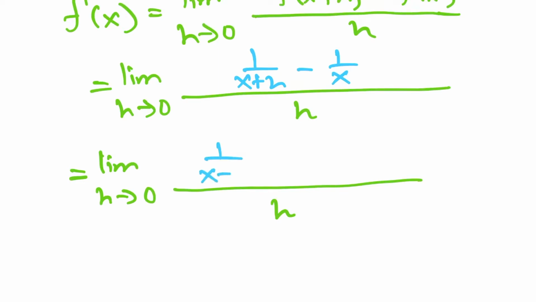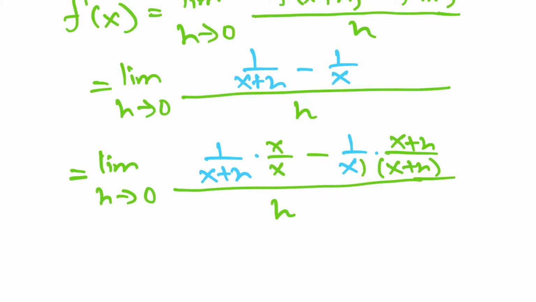This is what we can do: I'm going to multiply top and bottom by x plus h for one fraction, and top and bottom by x for the other. I hope you understand why I'm doing this. I'm doing this to make sure that I have the same denominator. Once your denominators are the same, you can add or subtract the numerators, right?